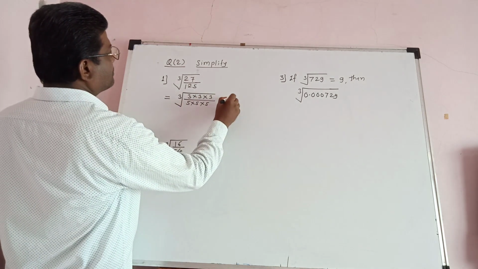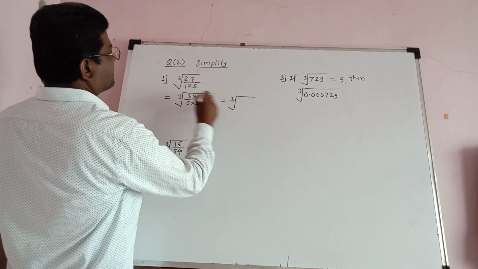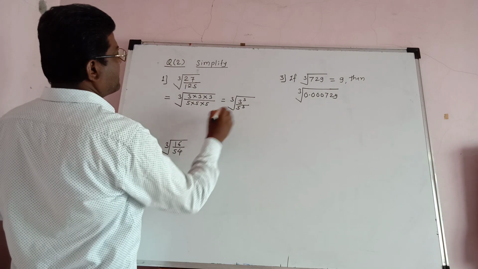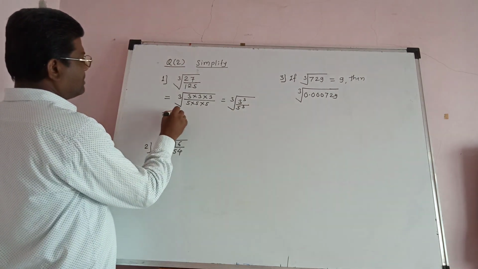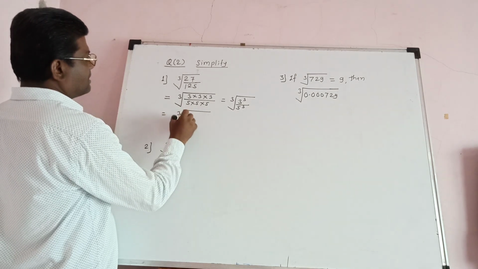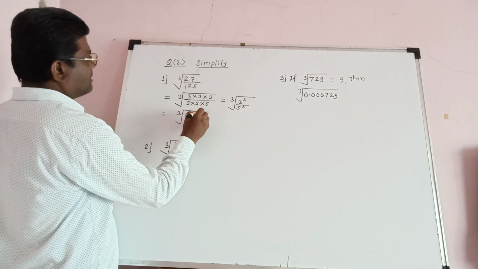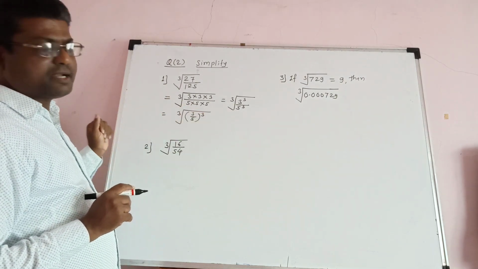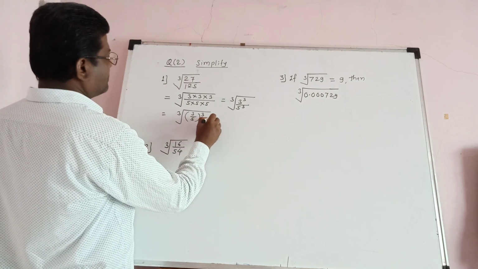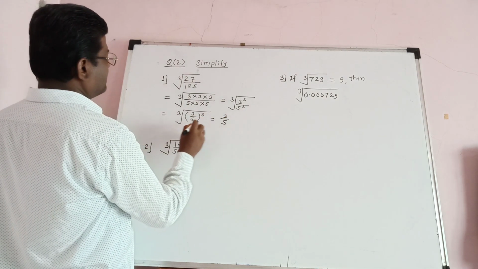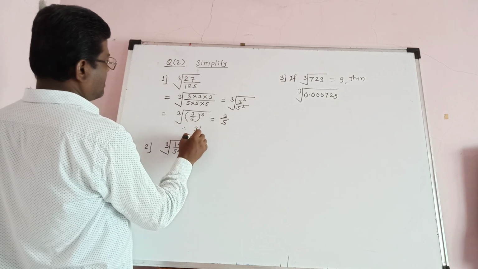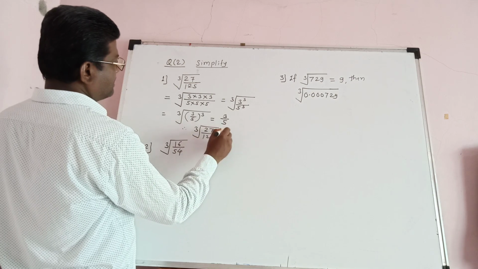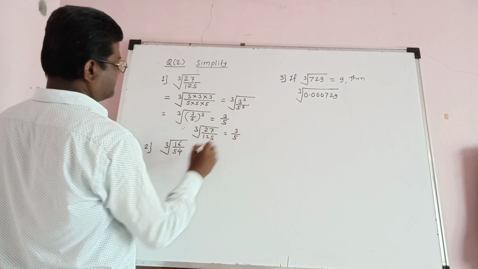So that is equal to cube root of 3 raised to 3 upon 5 raised to 3. Now the cube root and this raised to 3 will get cancelled. So it is equal to 3 upon 5. Therefore cube root of 27 upon 125 is equal to 3 upon 5.